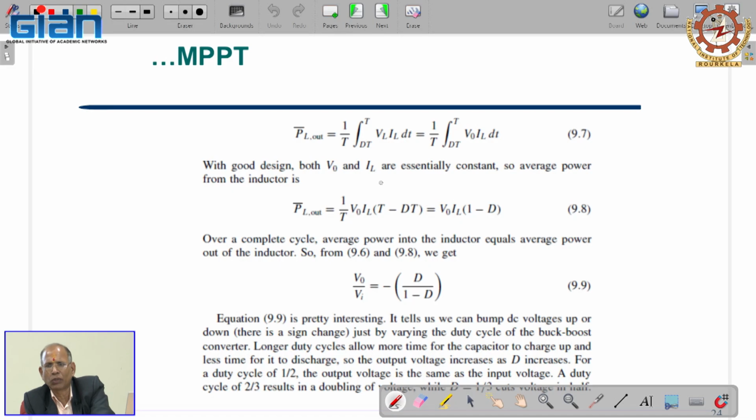When you simplify this equation, the ratio of output by input voltage relates to only one quantity D: output by input voltage is D divided by 1 minus D. The negative sign is not of much concern here. So you can easily see the relation between the output and input voltage simply by the term D.